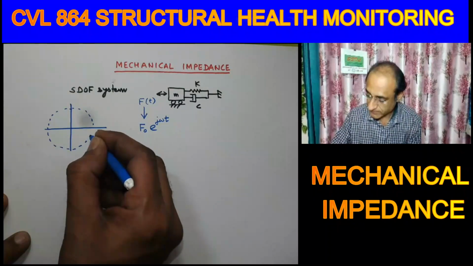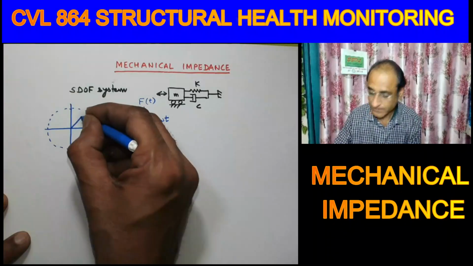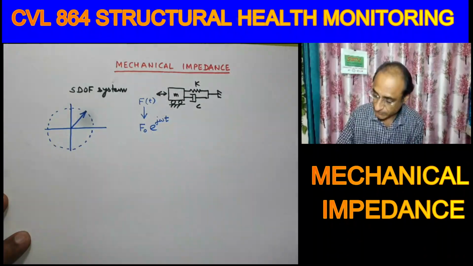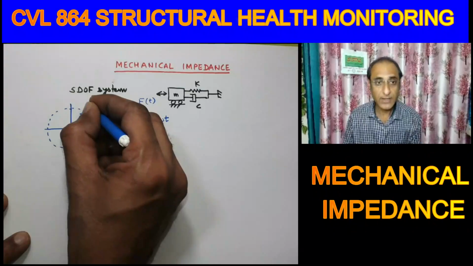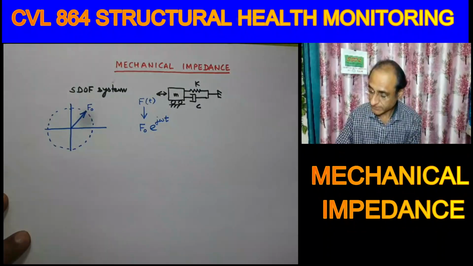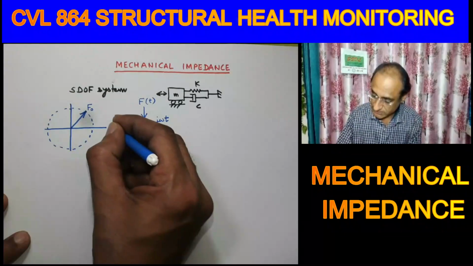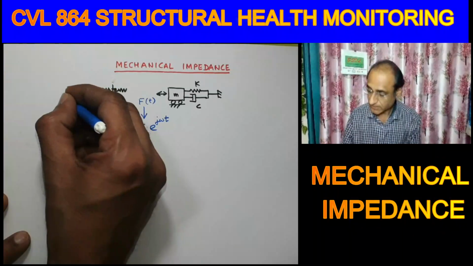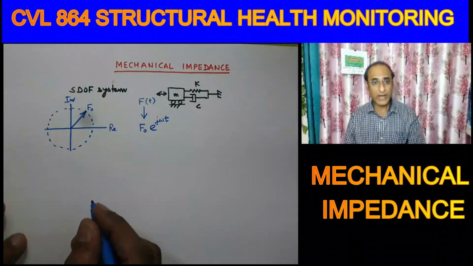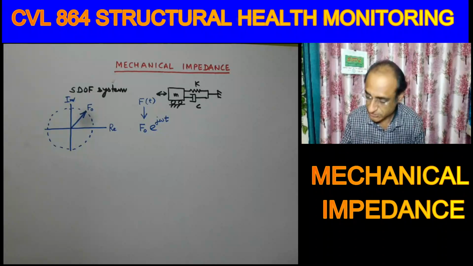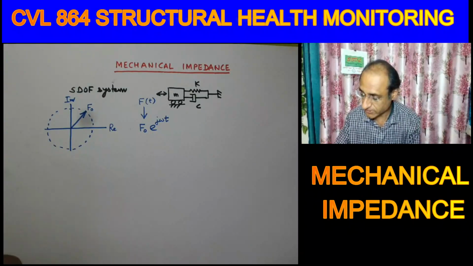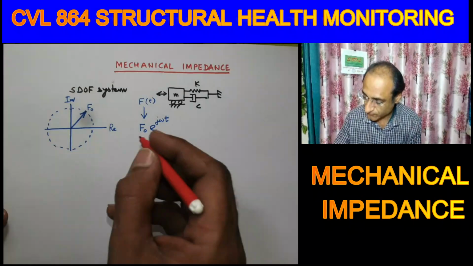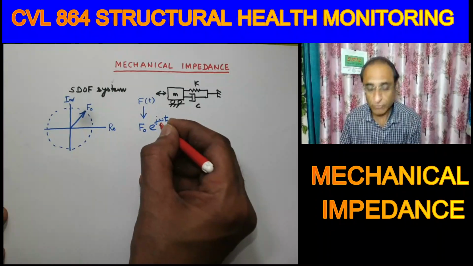Let's say the amplitude of the force is F0, and we say this is the real axis and this is the imaginary axis, and we assume that this vector is undergoing rotation at an angular frequency, which is the frequency of the force.